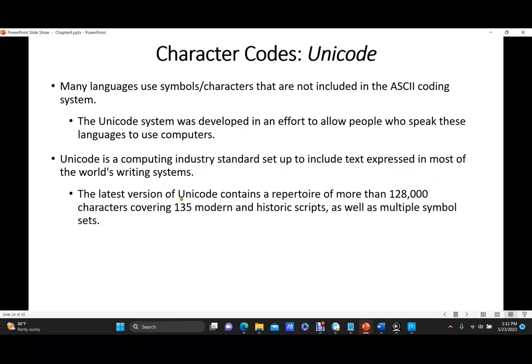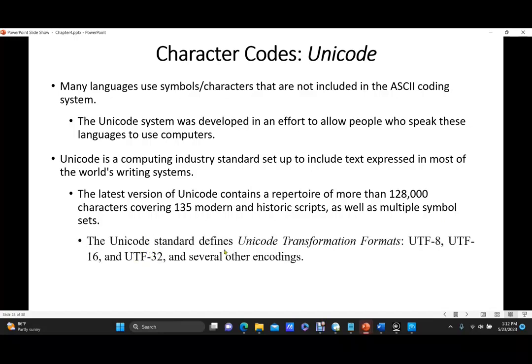The latest system of Unicode contains more than 128,000 characters, covering 135 modern and historic scripts, as well as multiple symbol collections.